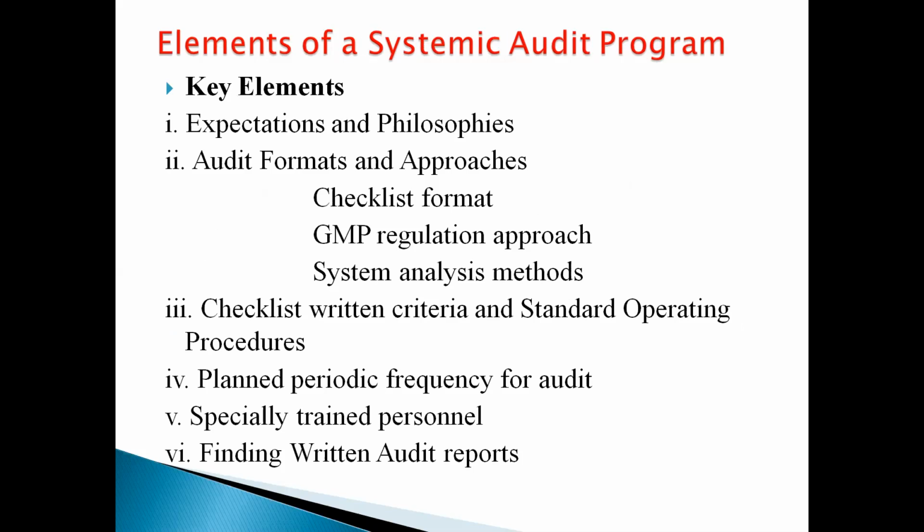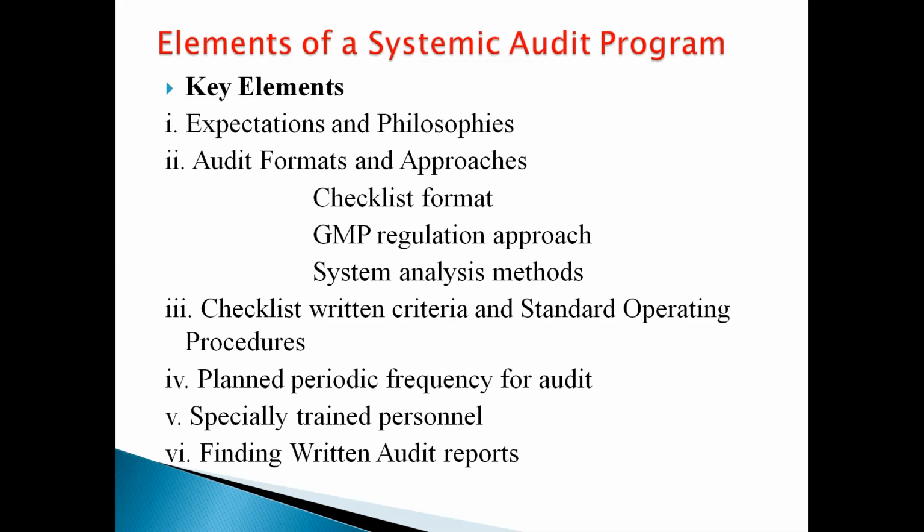And then elements of a systematic audit program. In these key elements, number one, expectations and philosophies. Then audit formats and approaches, that means the checklist format, GMP regulation approach, systems analysis method.